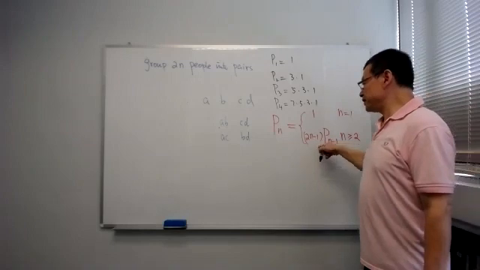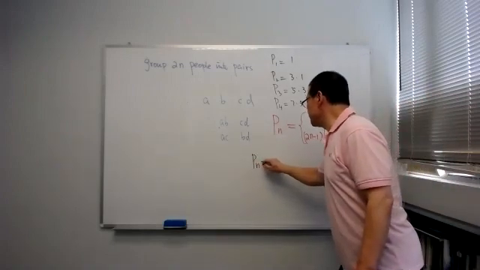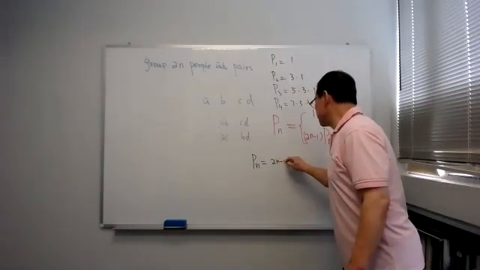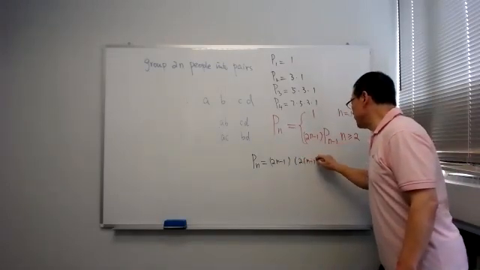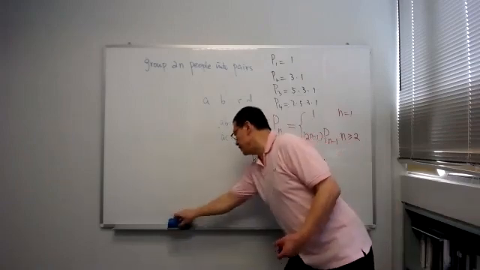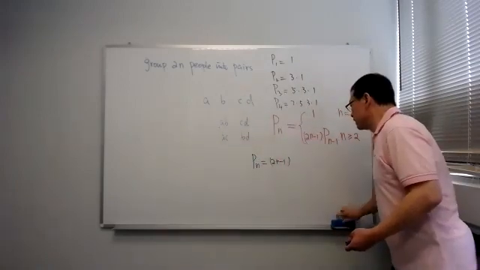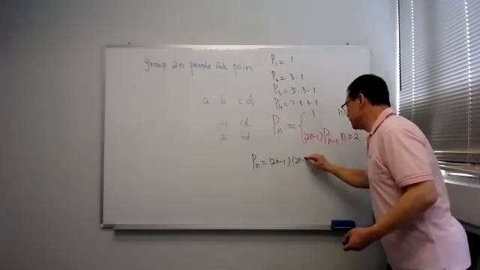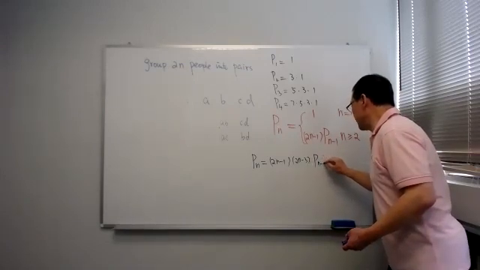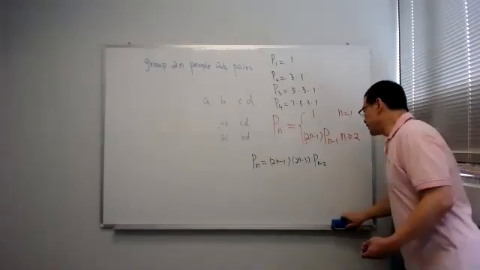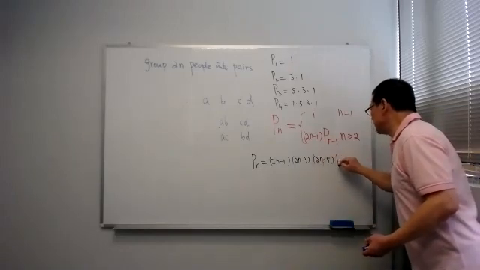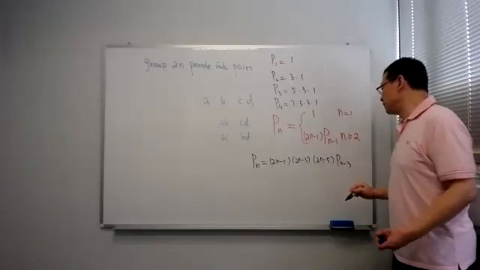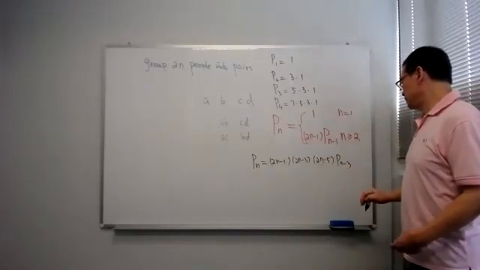We can also extend it from here: Pn equals 2n minus 1 times Pn minus 1. So here, this one will be 2n minus 1 minus 1, which of course is 2n minus 3, times Pn minus 2. So it carries on, we'll get 2n minus 5, Pn minus 3, and so on.